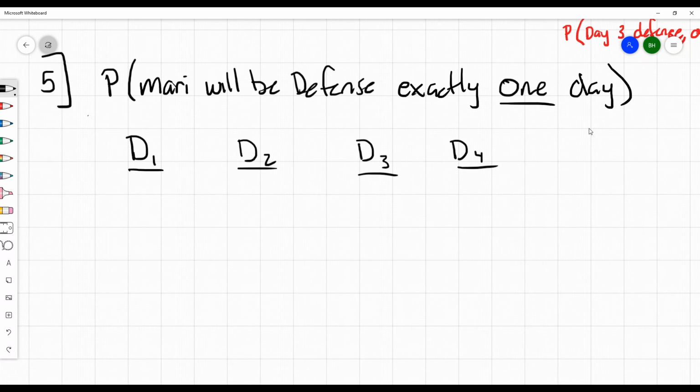So what I like to do is I like to look at that, and then I like to list out all of those possibilities. So she could be the defense on the first day, not the defense, not the defense, not the defense. She could not be the defense for the rest of the other options, and then become the defense attorney.